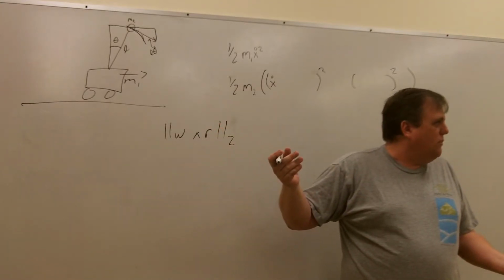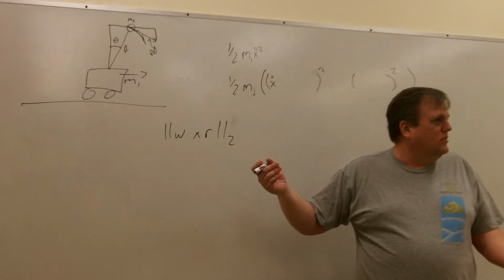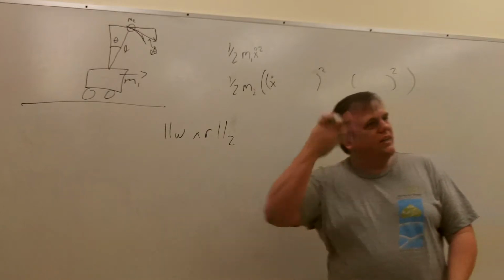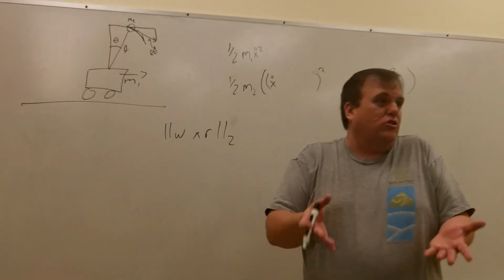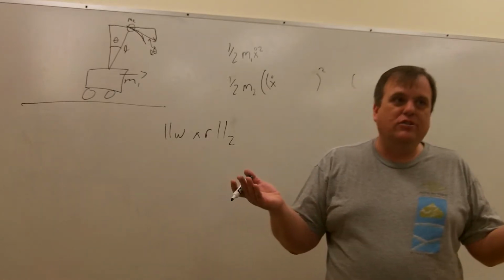Therefore, it's theta dot L in magnitude. So you ought to have some reason in your head why it's there. If you don't, you're guessing. You might be guessing right, but you're guessing.